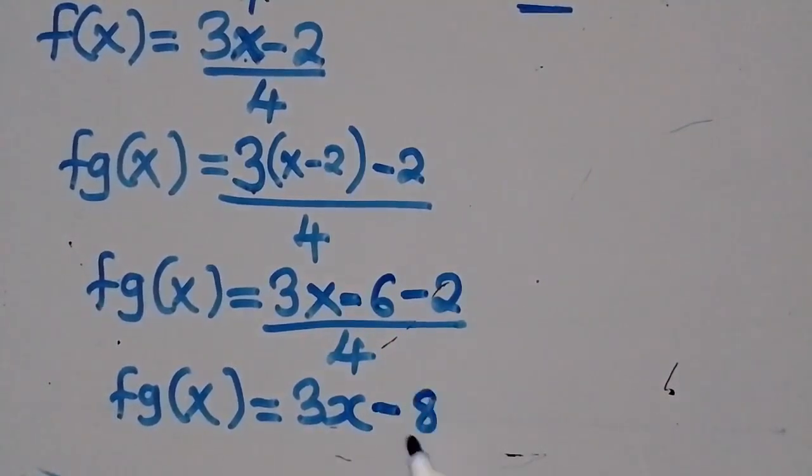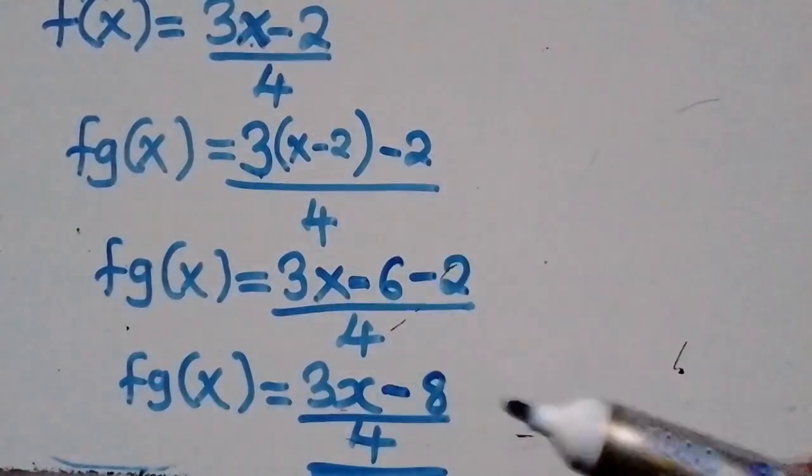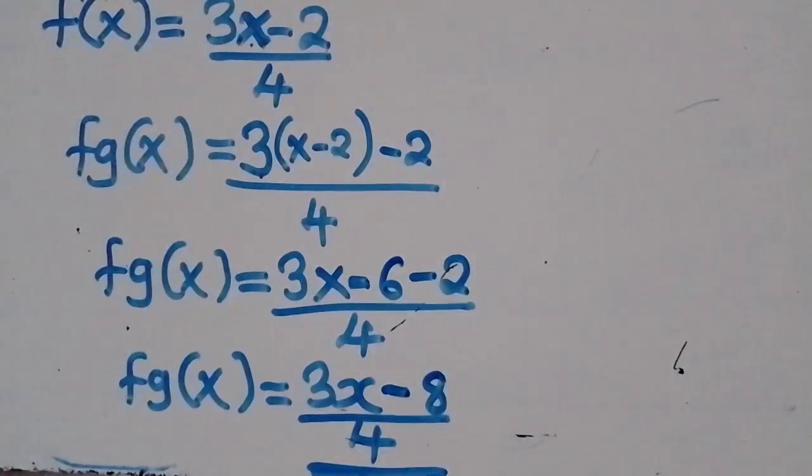Negative 8, over 4. This is your answer. That's how you need to work out all these calculations that I've just presented before you. Let's make sure we understand how to work out these.